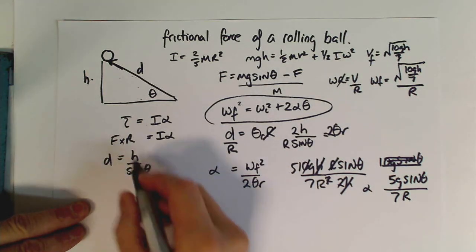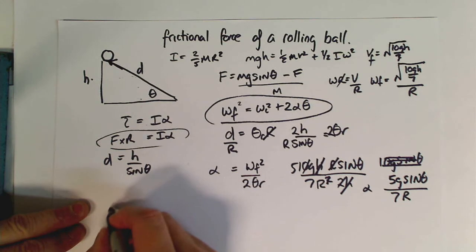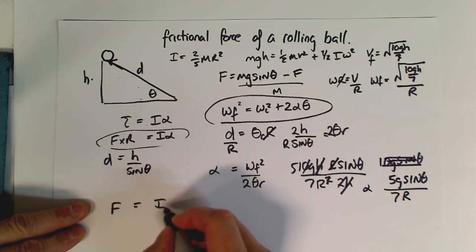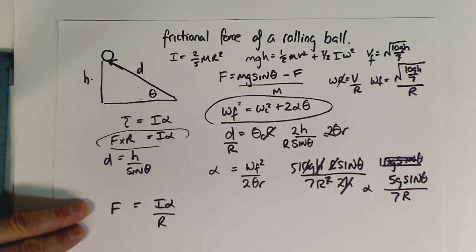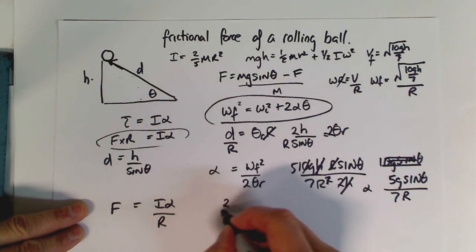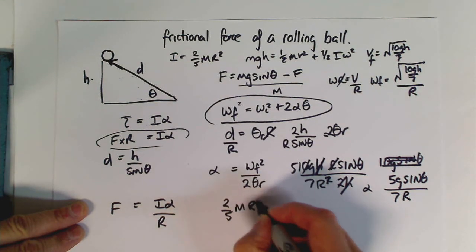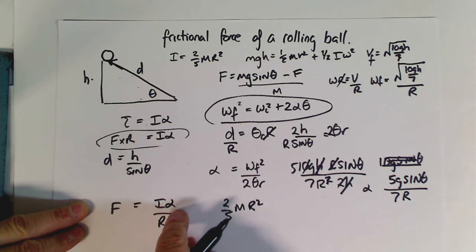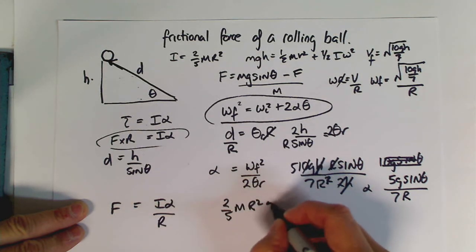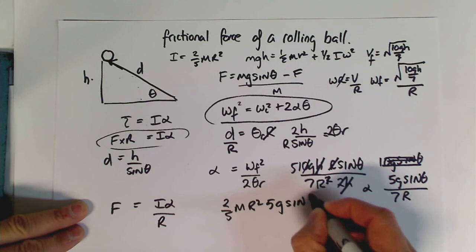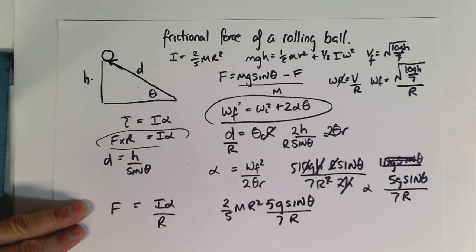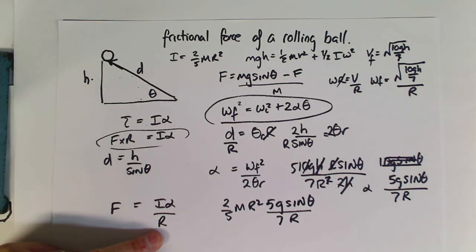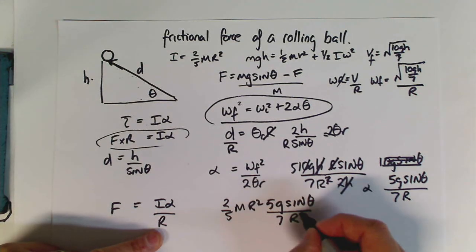Looking good. Now from up here we can say that the friction is equal to I alpha all divided by r. So I was 2/5 mr squared times alpha, which is 5g sine theta all over 7r, and this is all divided by r, so that all becomes r squared.